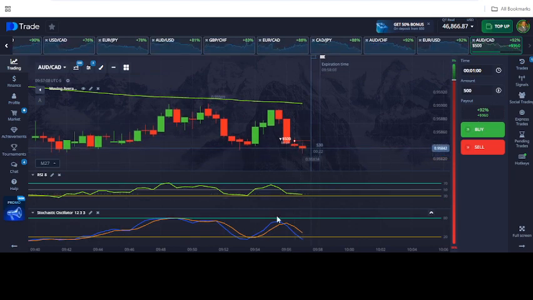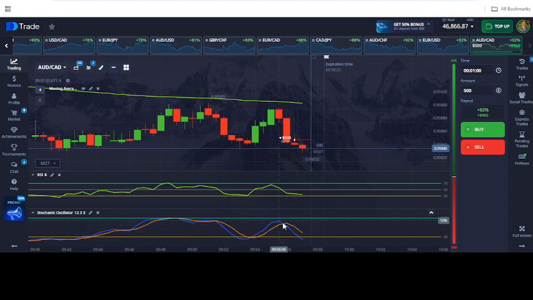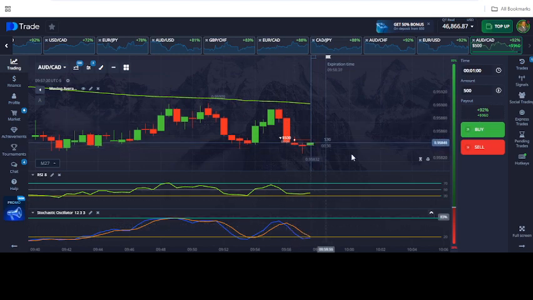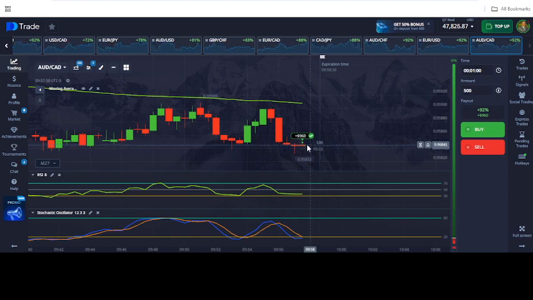And third, the blue K period line crosses the orange D period line here. So all three confirmations have been met, and we won that trade.